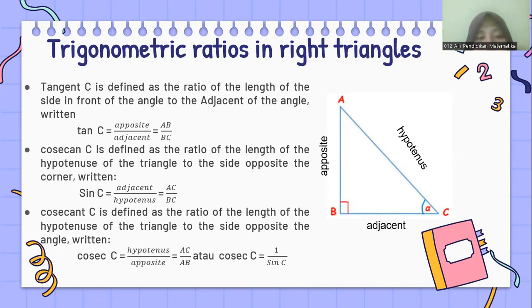Written: tan C equals opposite over adjacent, equals length IB over line BC.